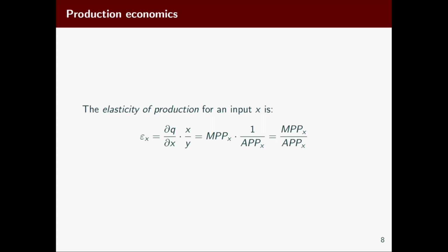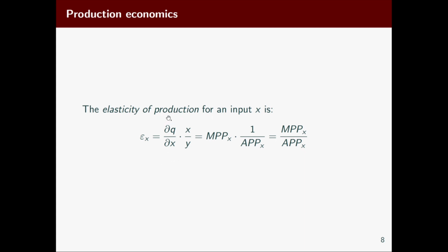Finally, we have the elasticity of production. So this elasticity is measured in a way most elasticities are measured. The percent change in our quantity produced given a percent change in our input use can be rewritten as this function here.